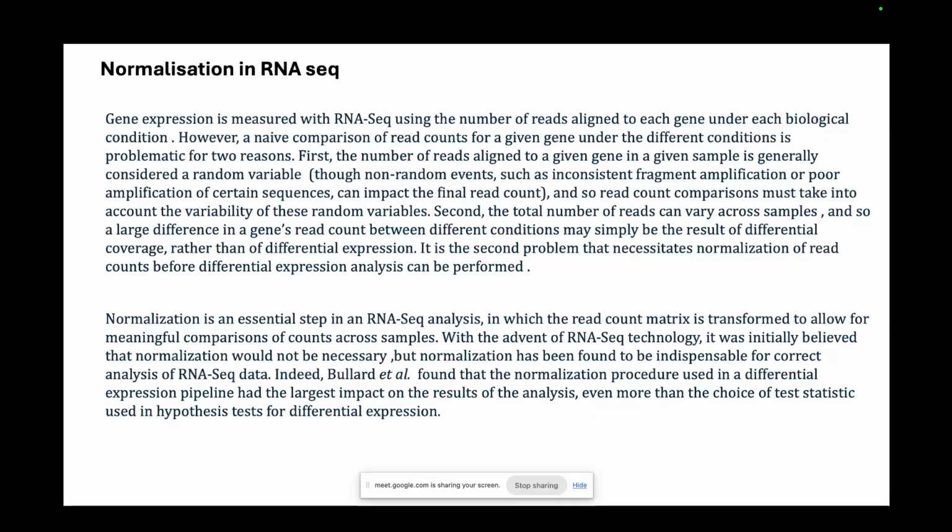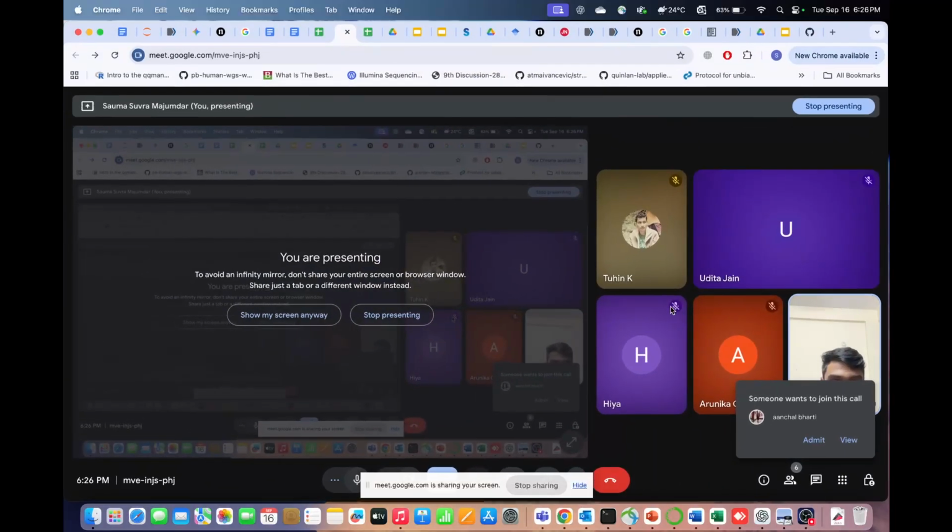The conditions of the experiment are such that sometimes you have a control and then you have a set of cases, right? So control 1 versus case 1, control 2 versus case 2, like that. You need a comparison between control and case to find out which genes are getting over or under expressed.